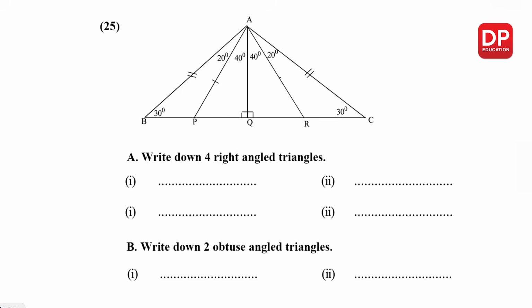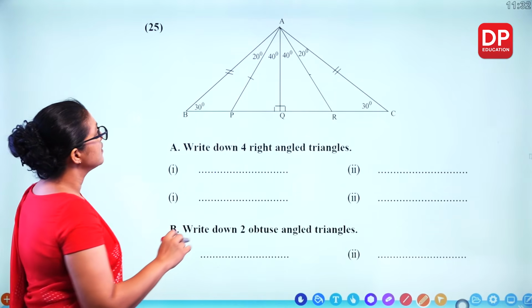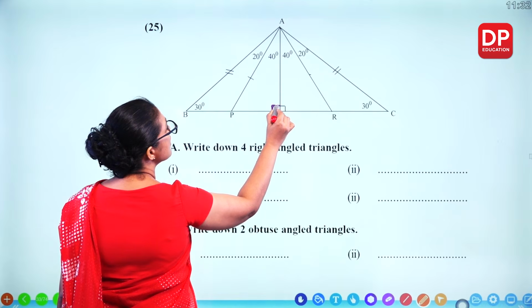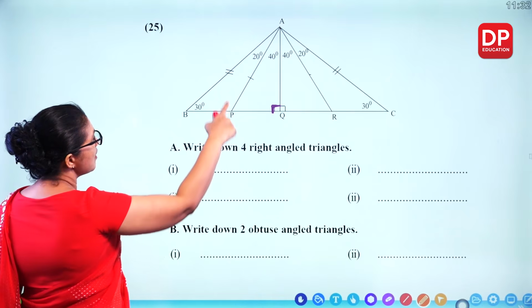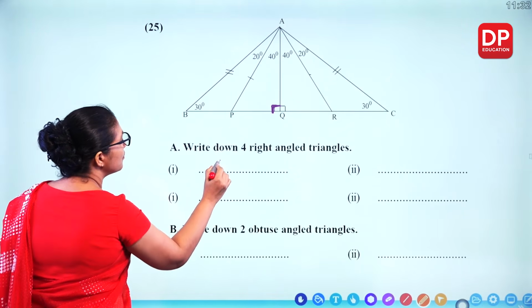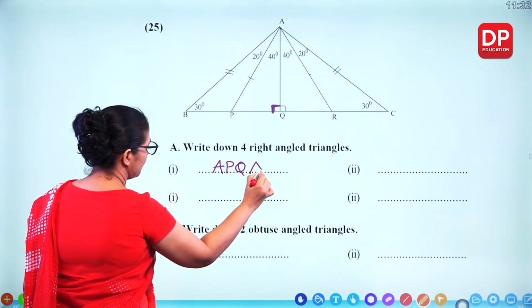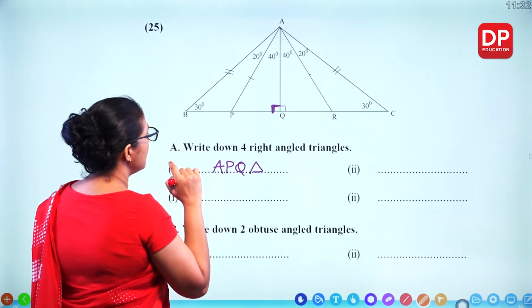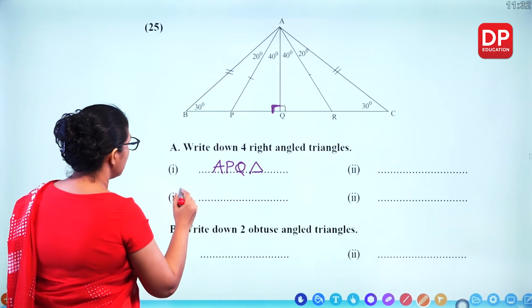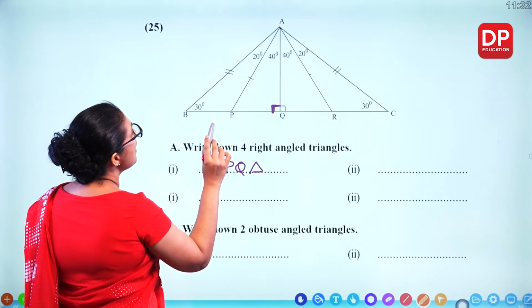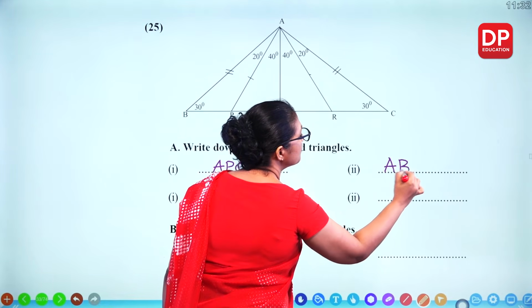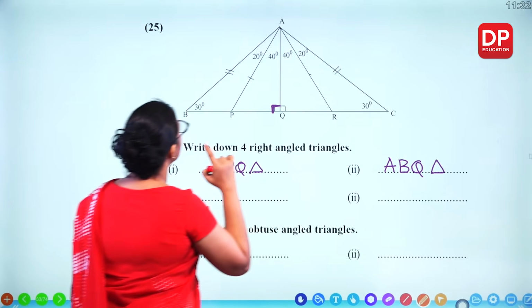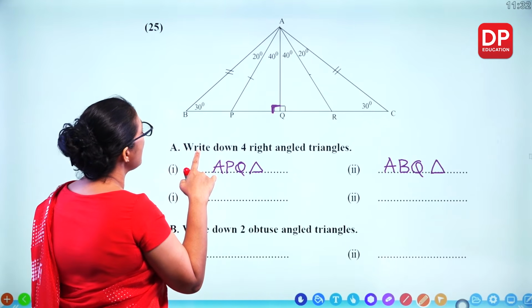Look at this one. Write down 4 right angle triangles. Right angle. So here you get this one. So that means you can write smaller one as well as the bigger one. APQ. And then you can write ABQ.